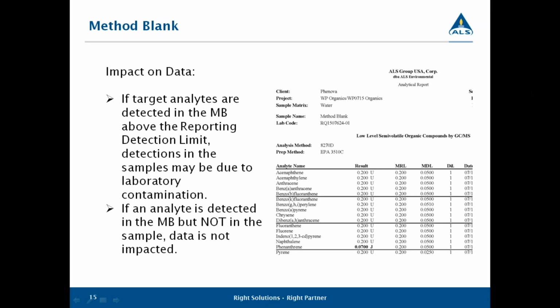The method detection limit being a calculated, qualitative result, and the MRL, which is actually the low point on the standard curve, where we're analyzing an actual standard. So that's a known result. We have 0.07, which is between the MRL and the MDL, so we J flag that as an estimated result. If the target analytes are detected in the method blank above the reporting limit, detections in the samples might be due to laboratory contamination. If the analytes are detected in the method blank but not in the sample, the data is not impacted.